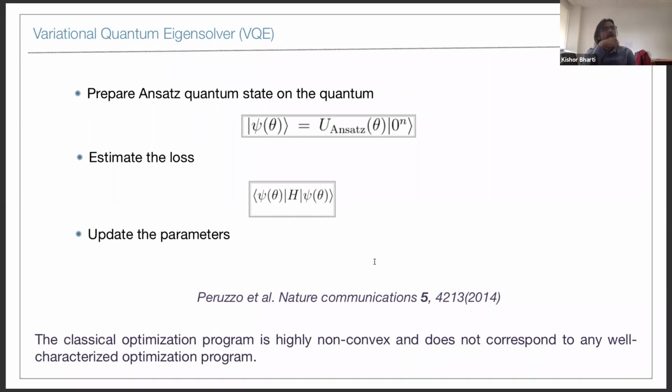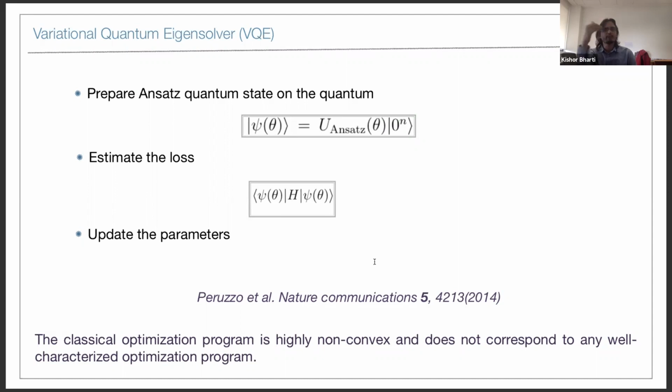At a very high level, it is nothing but the variational principle of quantum mechanics for finding the ground state. You have some ansatz that you prepare with only polynomially many terms, and you know that the ground state is the minimum energy eigenstate, and you cannot go beyond that. So you can tune the parameters of your ansatz such that the energy decreases.